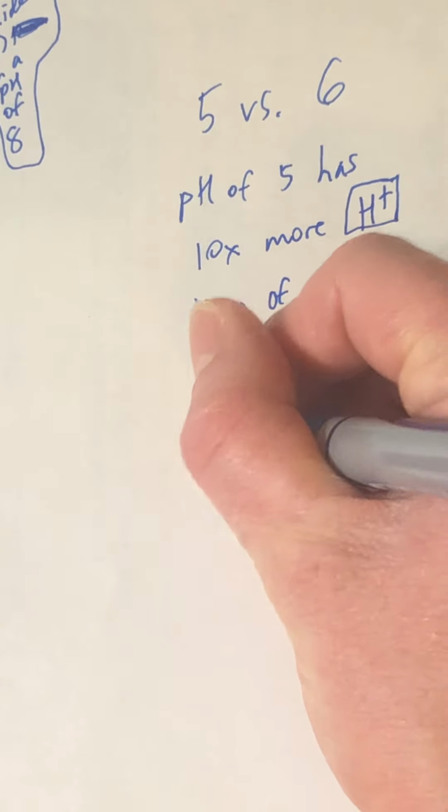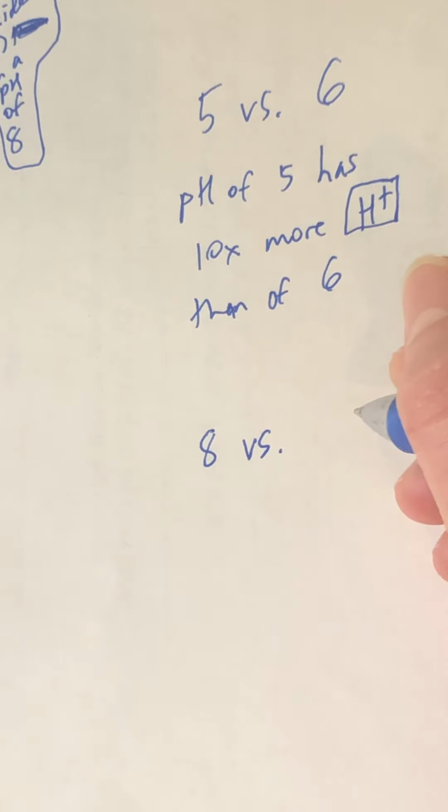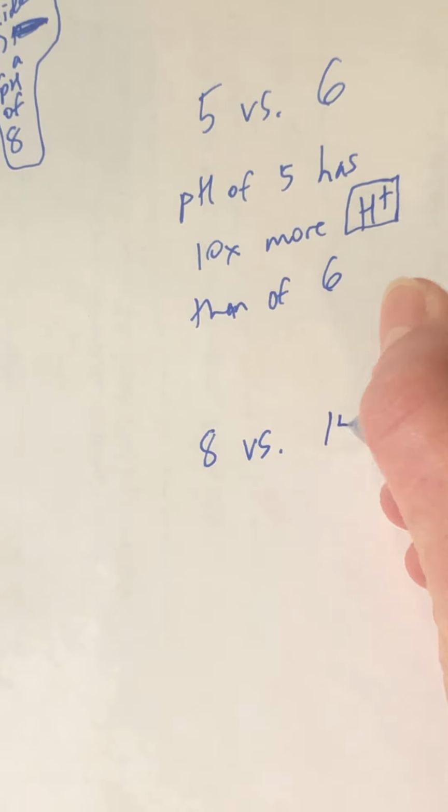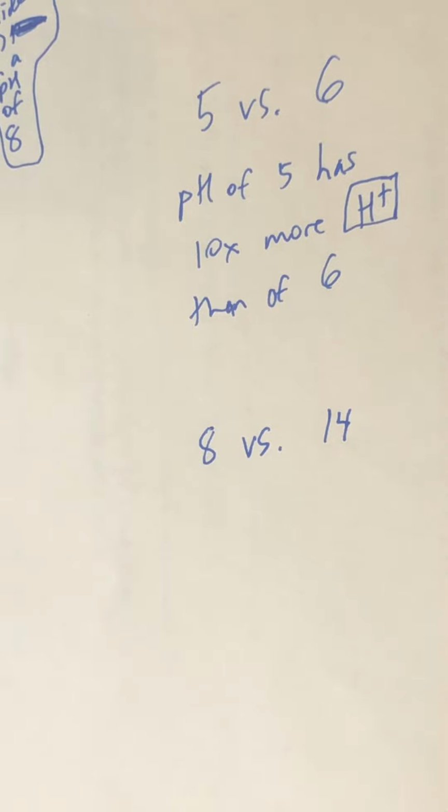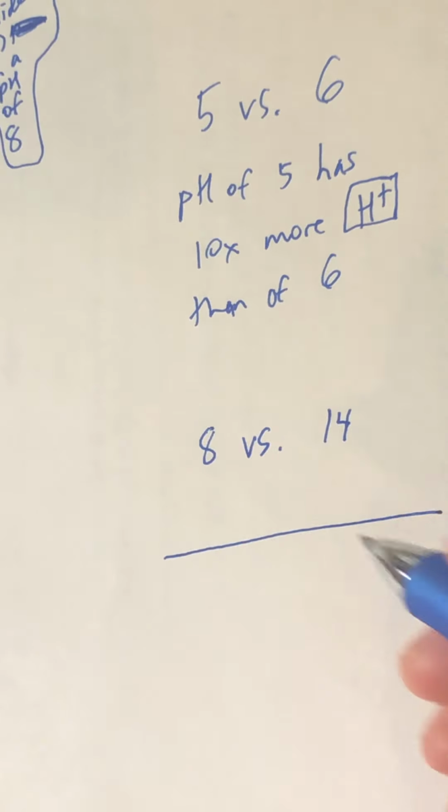What if we compared an 8 versus 14? So this is a little bit harder because it's a bigger number difference. You can pause if you need a moment. Go ahead and try it out.